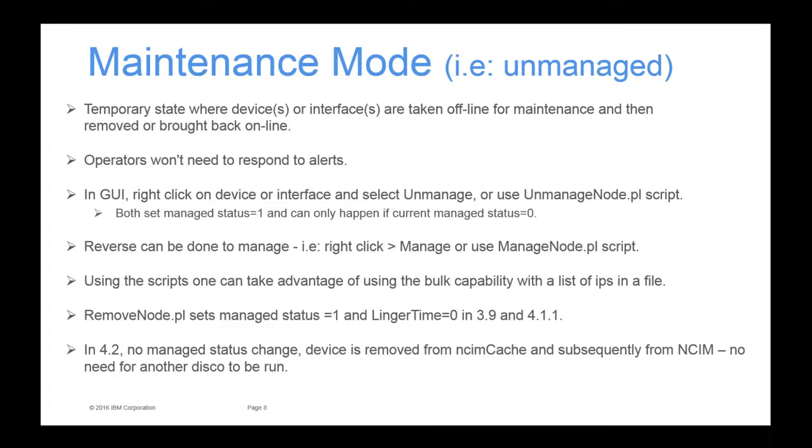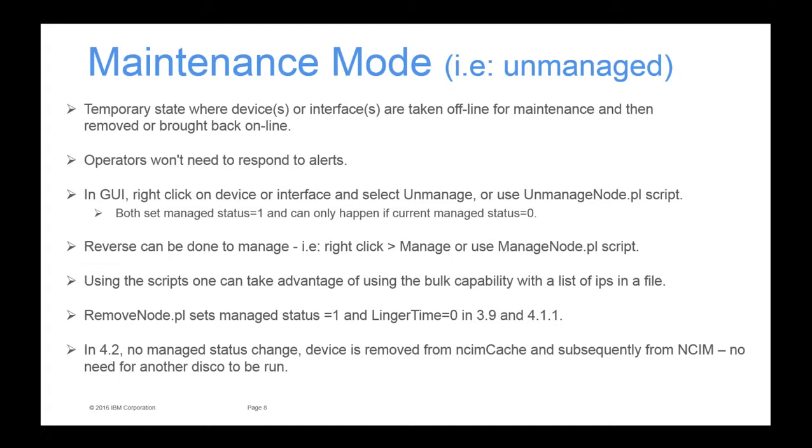The reverse can be done to manage the device. Right-click and select Manage, or use the managed node.perl script. The advantage of using these scripts is that you can use the bulk capability with a list of IPs in a file if you want to manage or unmanage a number of devices.